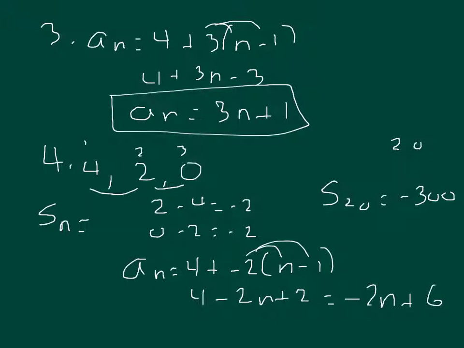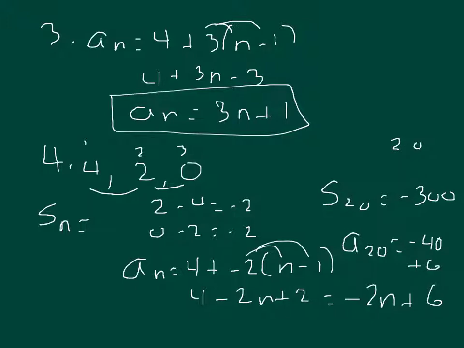It might have been easier to write out the 20th term and add them all together, but if you substitute 20 in for n, that's negative 40 plus 6, which is negative 34.